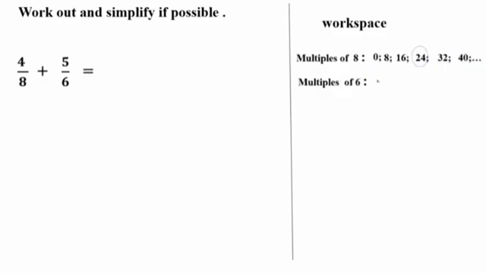The multiples of 6 are, of course, 0, 6, 12, 18, 24, and 30. So as you notice, in both the multiples of 8 and the multiples of 6, we have 24. So this is the common multiple of these two denominators, the 6 and 8.